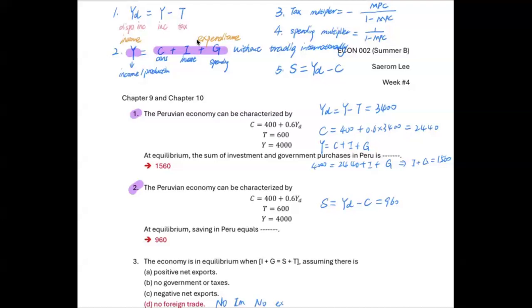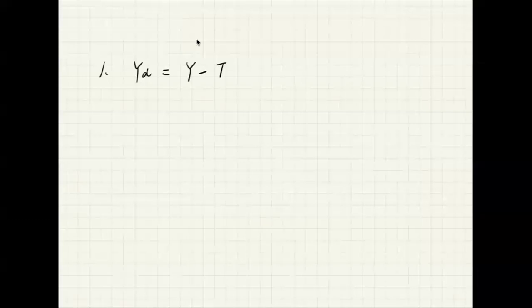Okay. So first of all, let's list these equations. The first equation that you need to memorize is Yd equals Y minus T. Do not worry about this, because Yd just represents the disposable income, and Y, you already know, is the income, right?